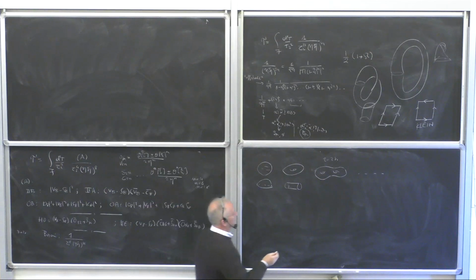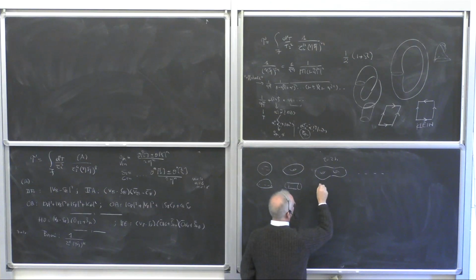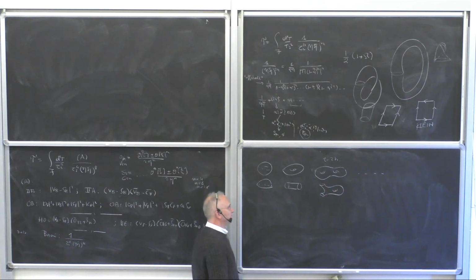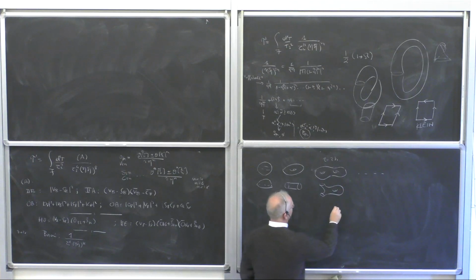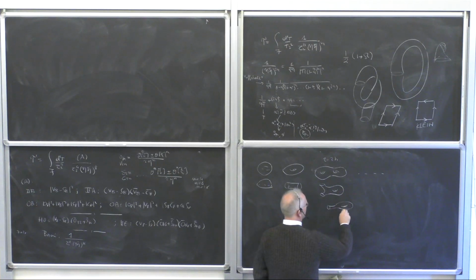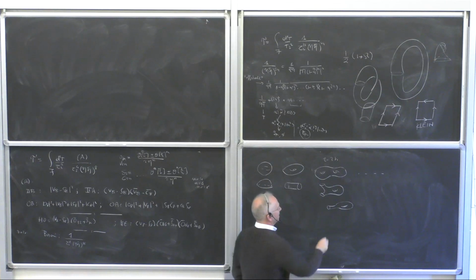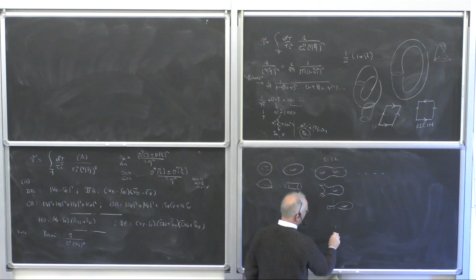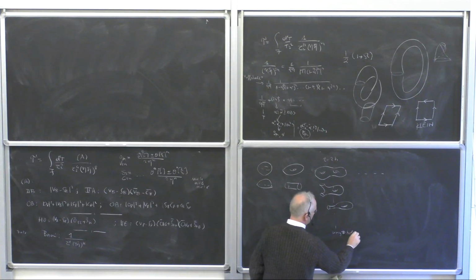And here, for instance, you could have a surface which is like this, for example. Or a surface which is like this. And in general, any surface like this can be decorated by adding any number of boundaries, or holes if you want.